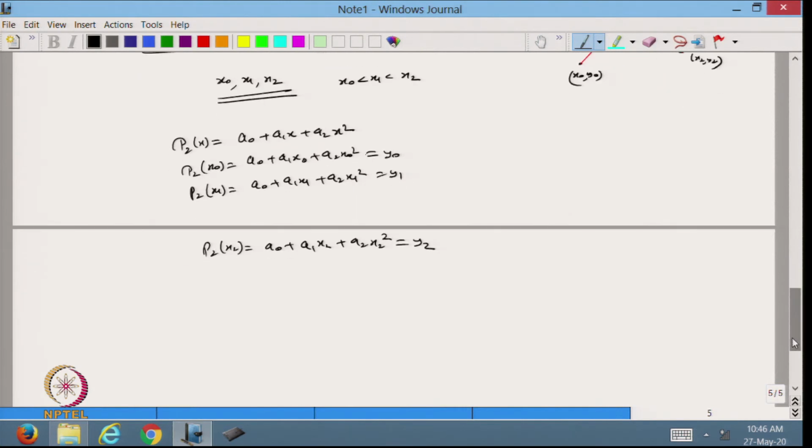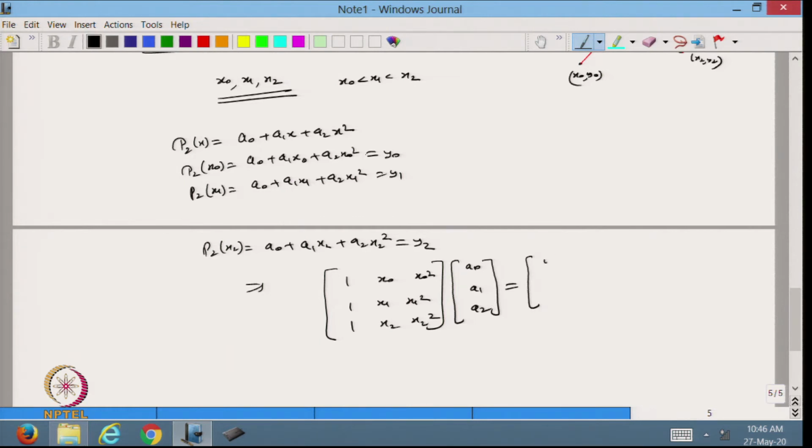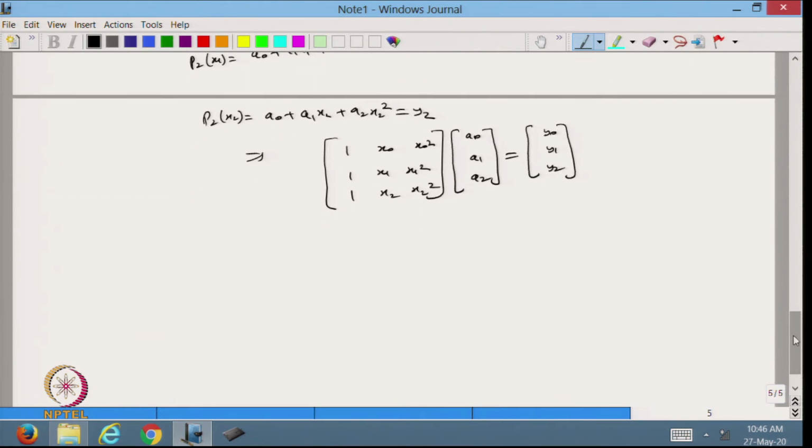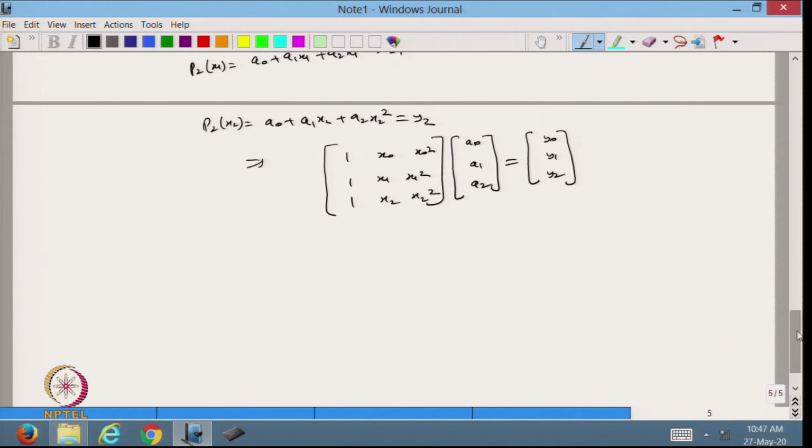And now from here I will get this matrix. So this is 1 x0 x0 square, 1 x1 x1 square, 1 x2 x2 square, and writing the expression for a0 a1 a2, and this is my y0 y1 y2. So this is the corresponding system of equations we are getting.